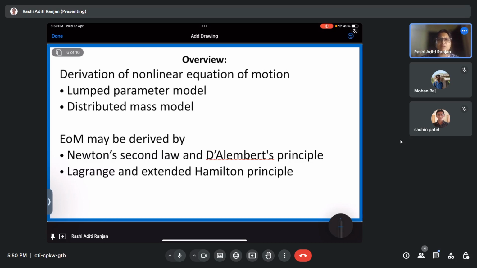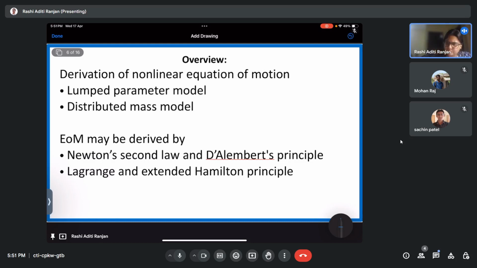What does this mean? Initially my system had 6 degrees of freedom. So if I try to model it with a spring mass system, I would have six masses. Then only can I think of modeling it. But now it has only two degrees of freedom, so two masses can do my work.